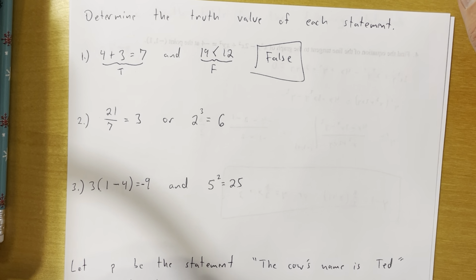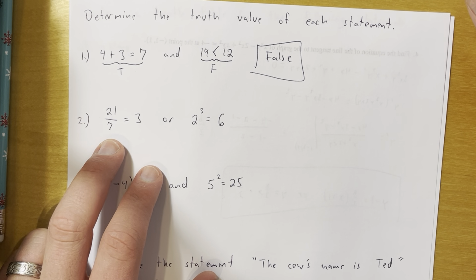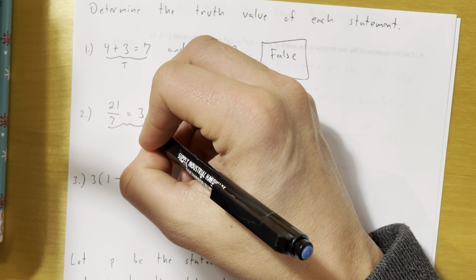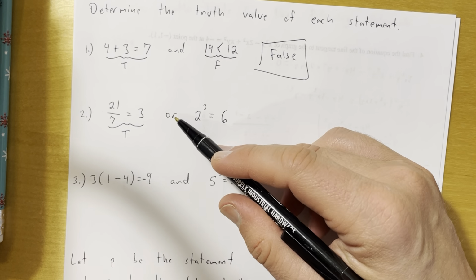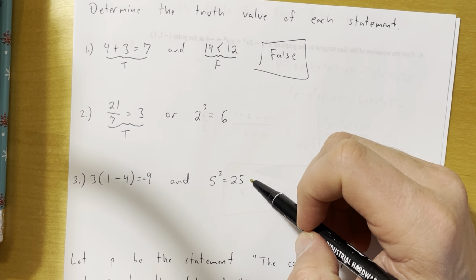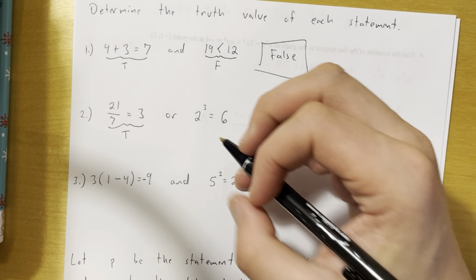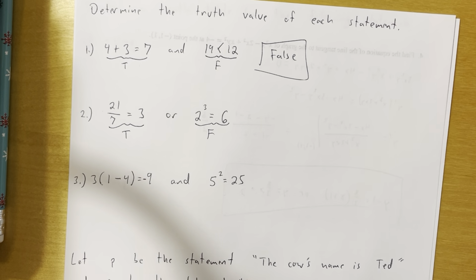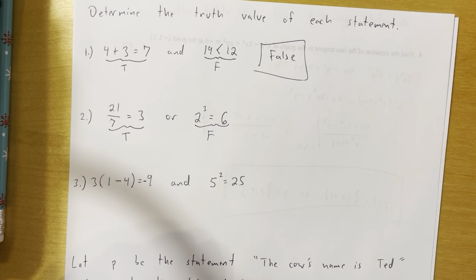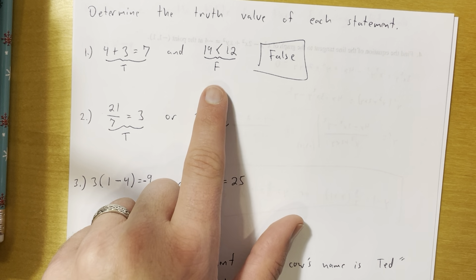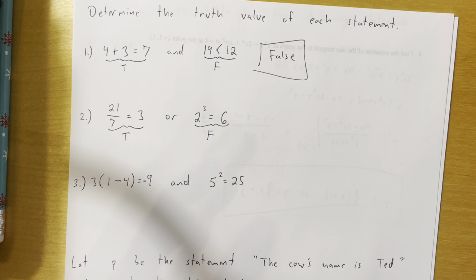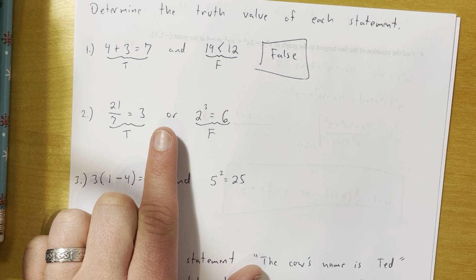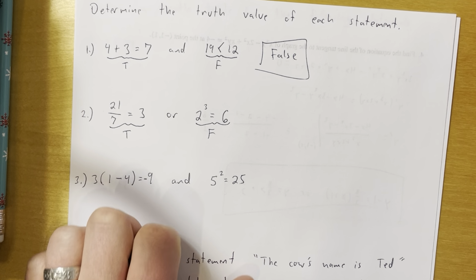Number 2 says 21 divided by 7 equals 3. This is true. Or 2 cubed equals 6. 2 cubed does not equal 6. 2 cubed equals 8. So this one is false. Just like the previous compound statement, we had a true component statement and a false component statement. However, in this example, we're using a different logical connective. We're using the word or, which makes this a disjunction.